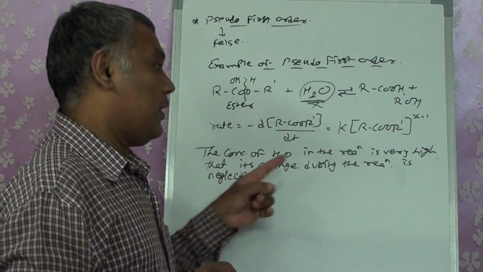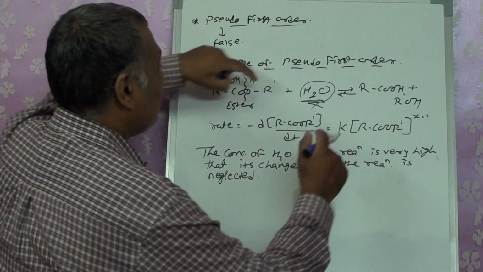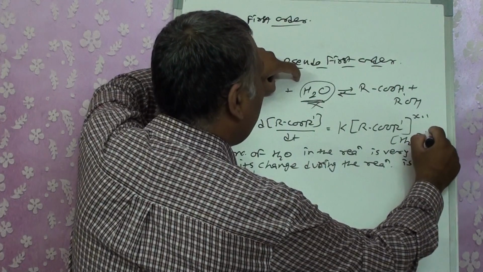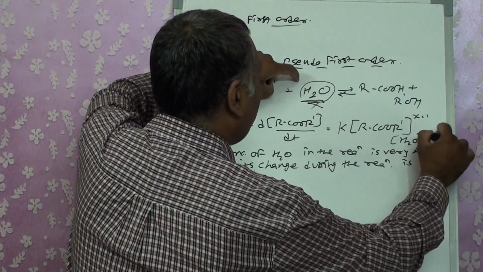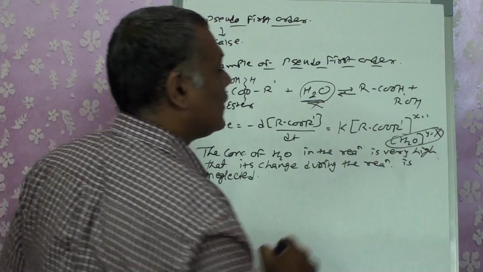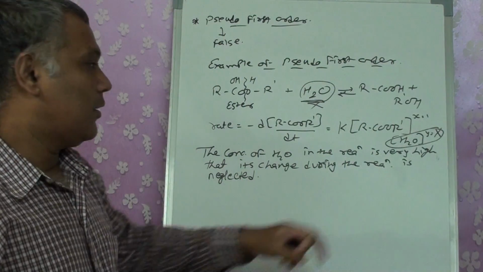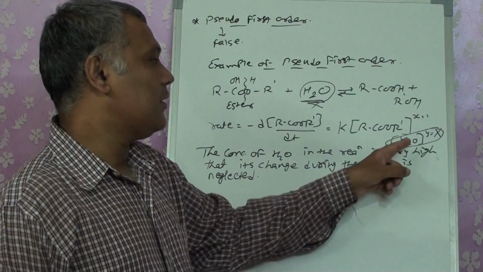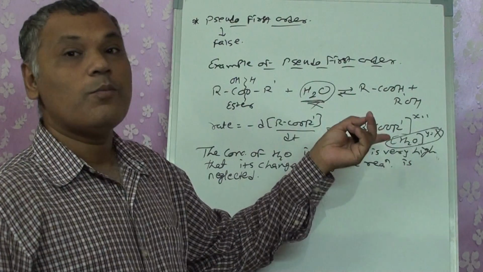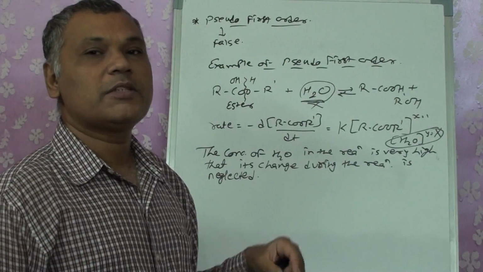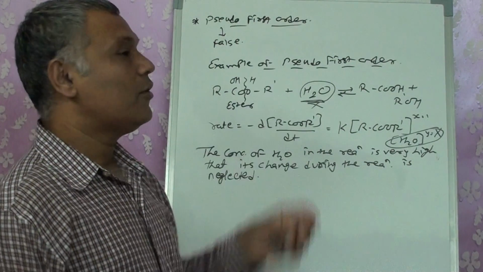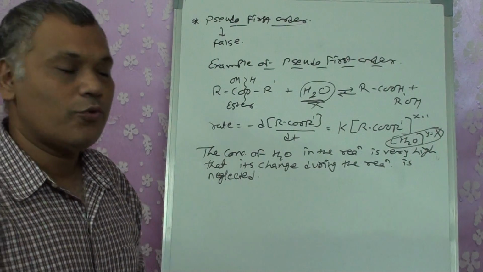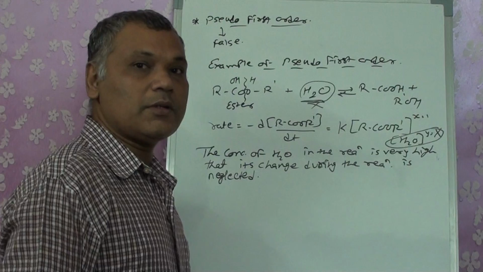But in actuality, water is there to take part in the reaction. It will have some order of reaction, but it's been neglected. This water is there in the reaction, but its value is neglected, and that's the reason why it should be more than first, but still it is considered a first order reaction. As a result, we consider it a pseudo first order reaction, right?